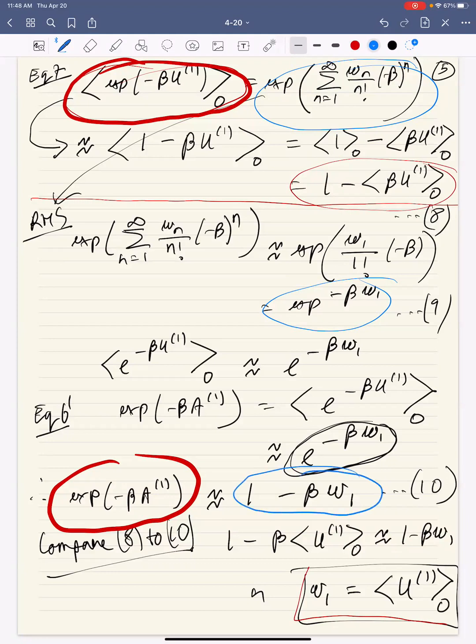So that's why I have colored it. If you're looking at your notes later, all of the red is coming from the left side of equation 8, and all of the blue is coming from the right side of equation 8.